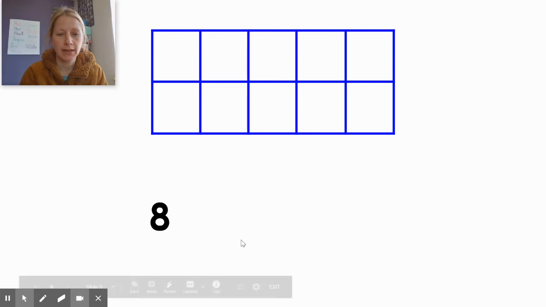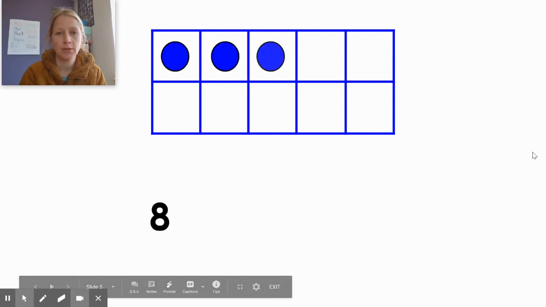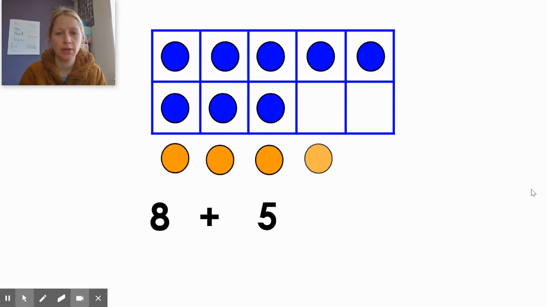Okay, let's go to the next slide. Here I have my 10 frame and I have the number 8. 1, 2, 3, 4, 5, 6, 7, 8. Now I have the number 8 represented in my 10 frame. 8 plus 5. Okay, I have 8 and I need to add 5 more. 1, 2, 3, 4, 5.